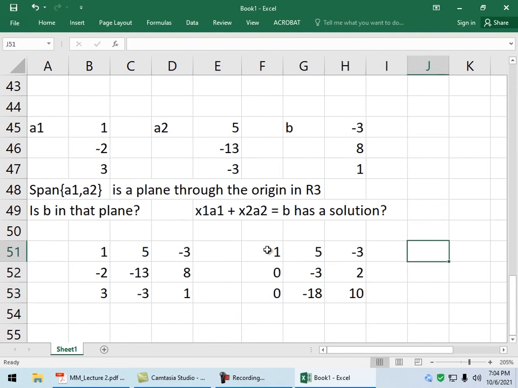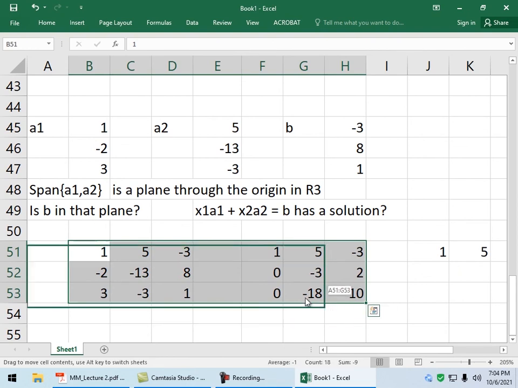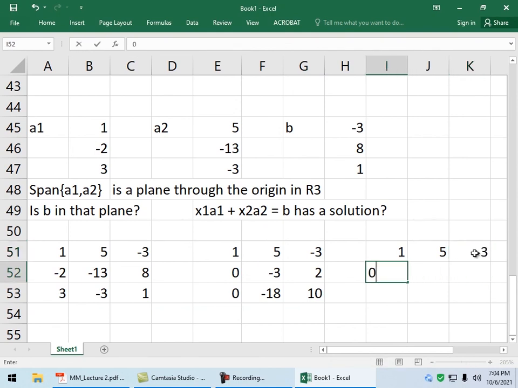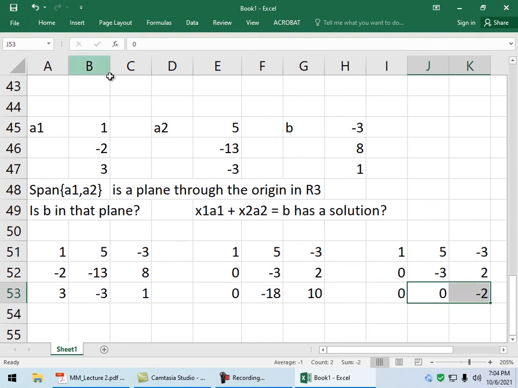And then we reproduce this equation as 1, 5, minus 3. 0, minus 3, 2. 0, 0, minus 2. So the third equation has this value.